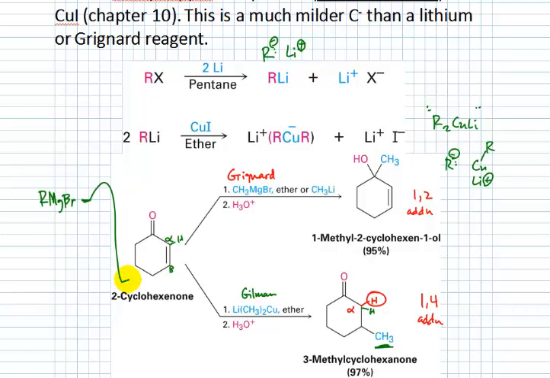The 1,2 product is faster, because we don't have this whole big thing to go through. We just directly add to the carbonyl carbon. The 1,4 product requires more activation energy, but is slightly more stable. I'll draw it down there.